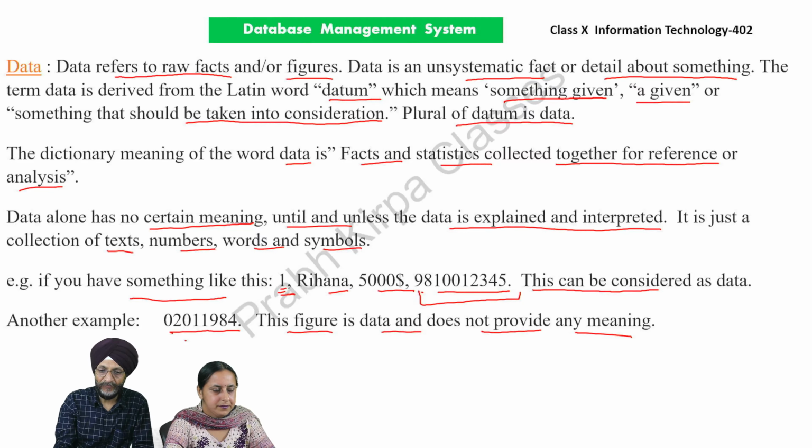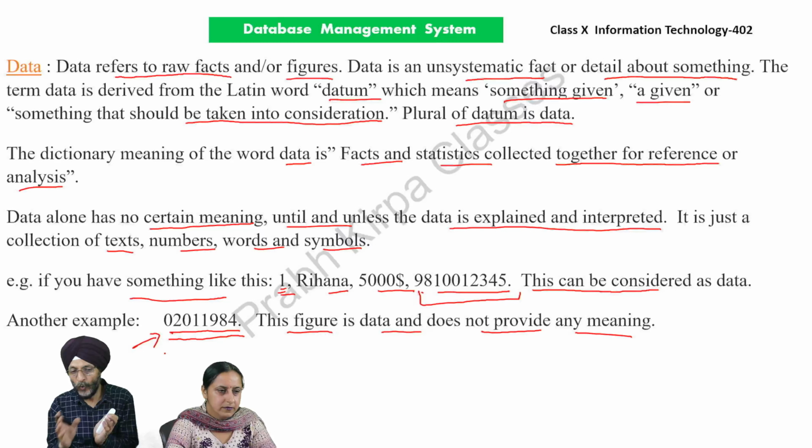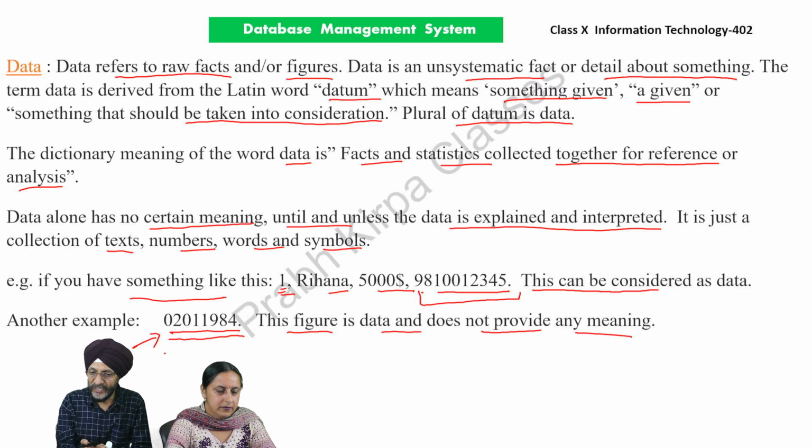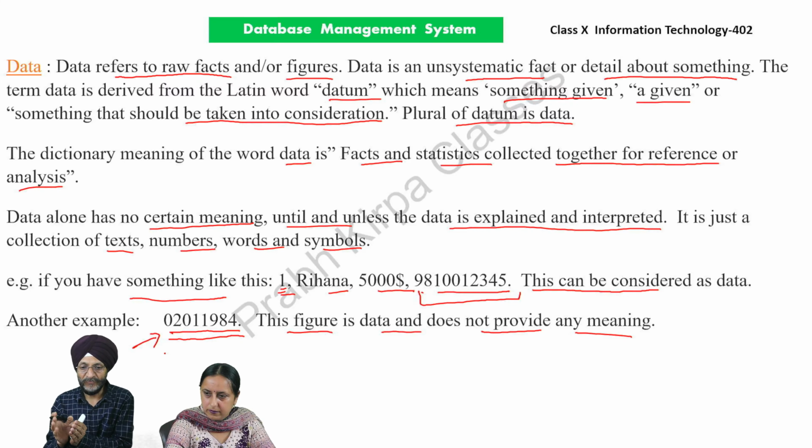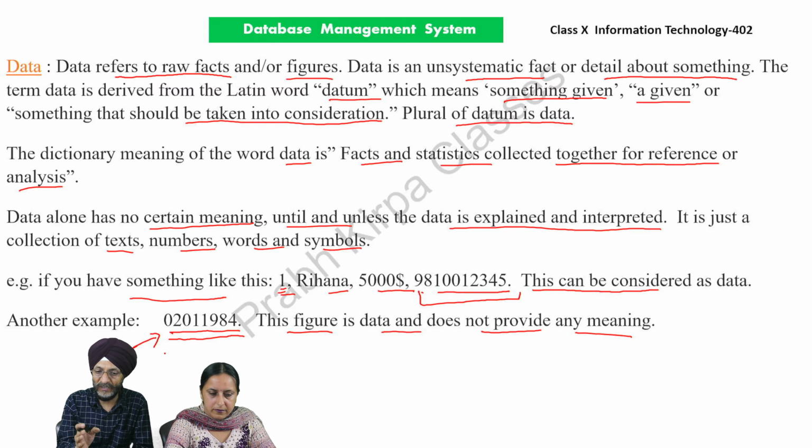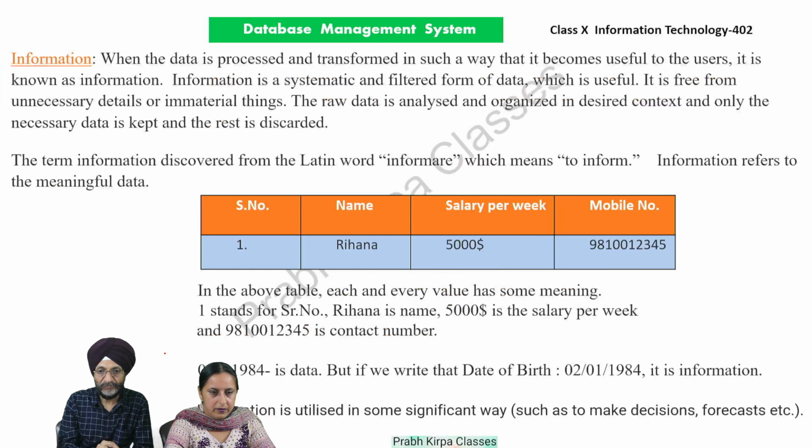In the same way, next example, we are unable to understand whether this is an account number or a code of a particular item. It is only just figures or words which carry no meaning, which will carry meaning only if they are interpreted properly. These types of words or texts are called data.